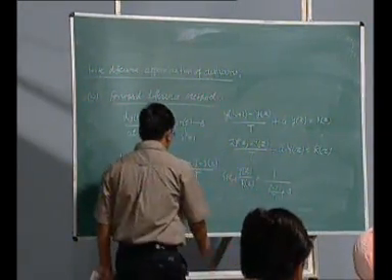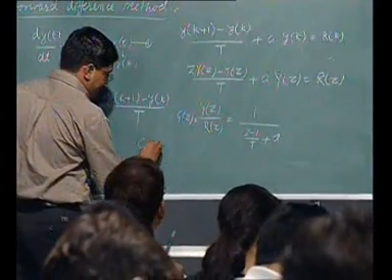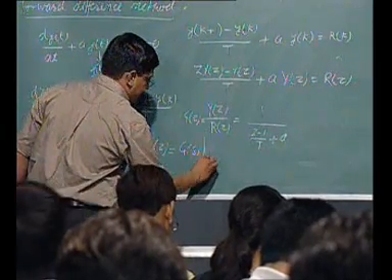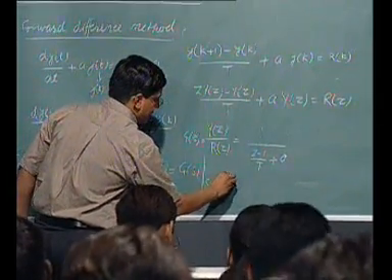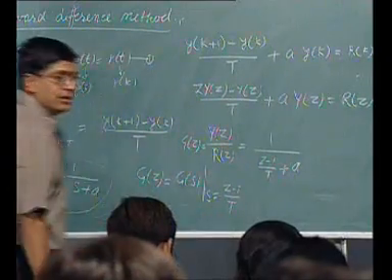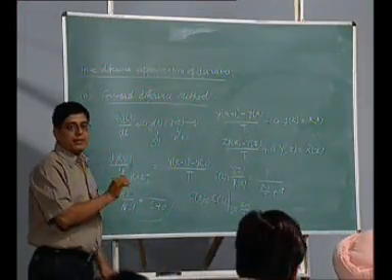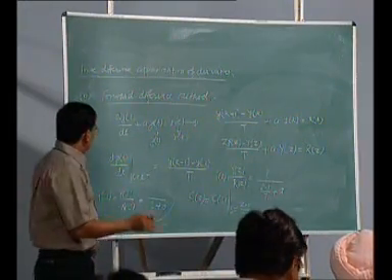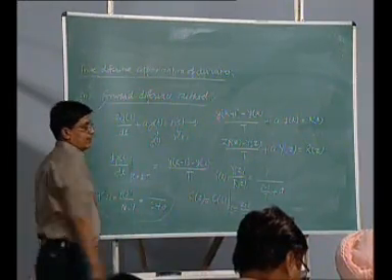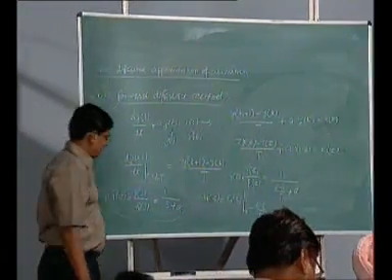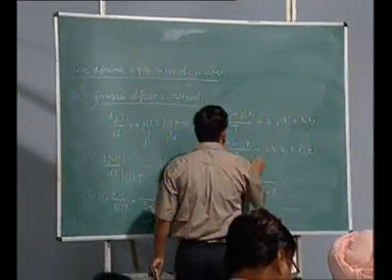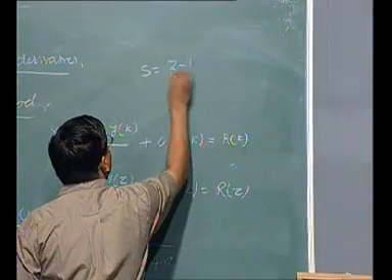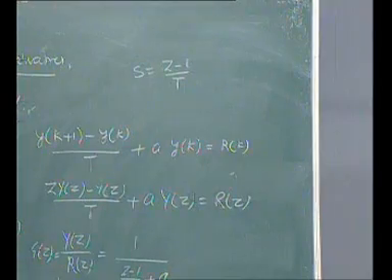Now, again we can write G(z) as G(s) at s equals (z minus 1) upon T. So, this is the mapping relationship between the s plane and the z plane while we are using the forward difference method, right. So, s here is (z minus 1) upon T.